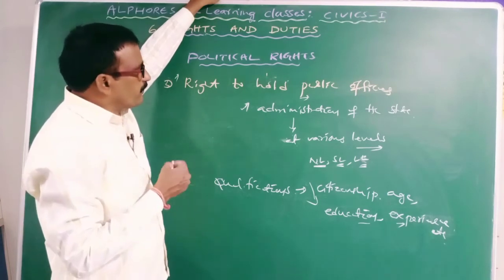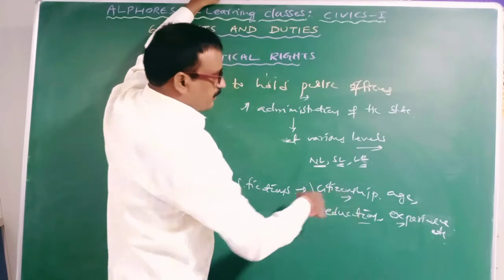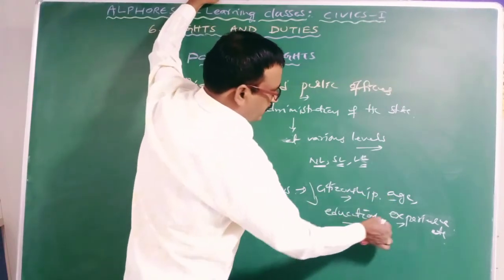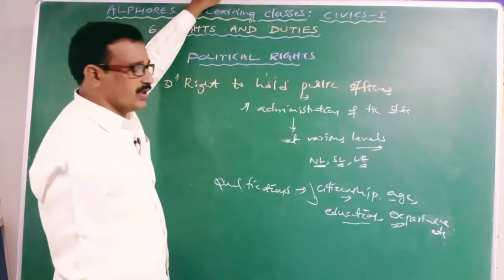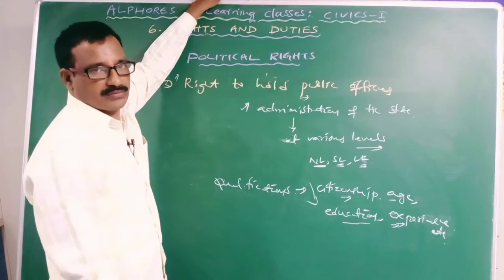Example, if we want to become a government officer in India, we must be a citizen of India. Then age, educational qualifications and experience differ from one public office to another.